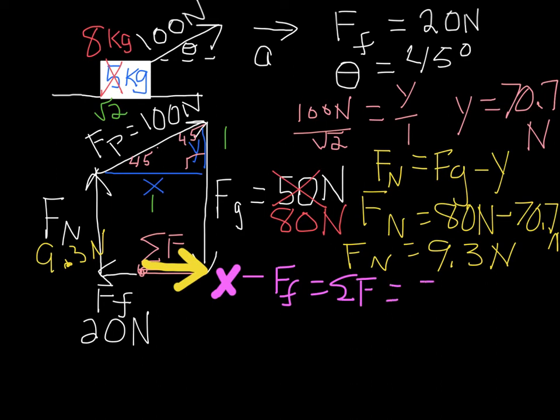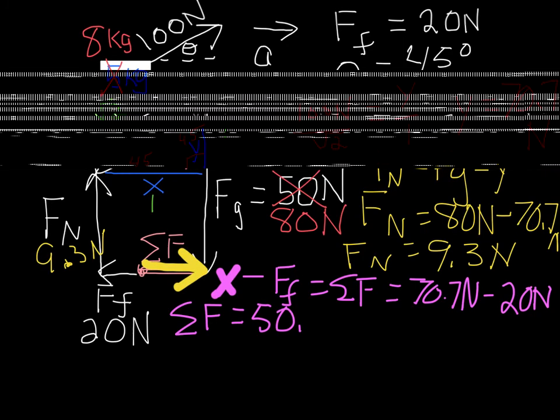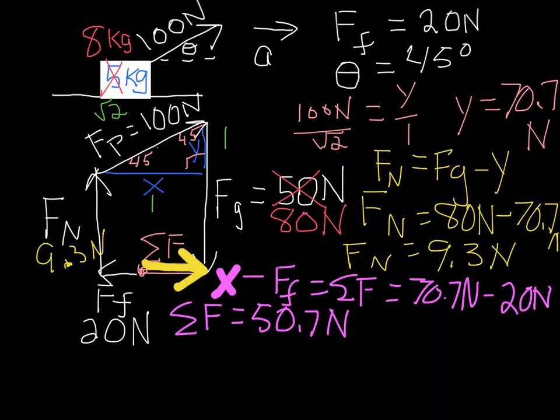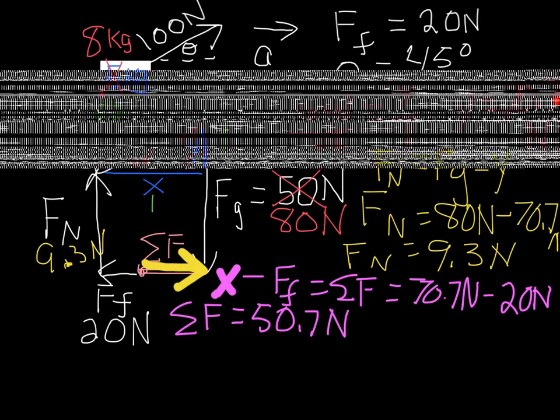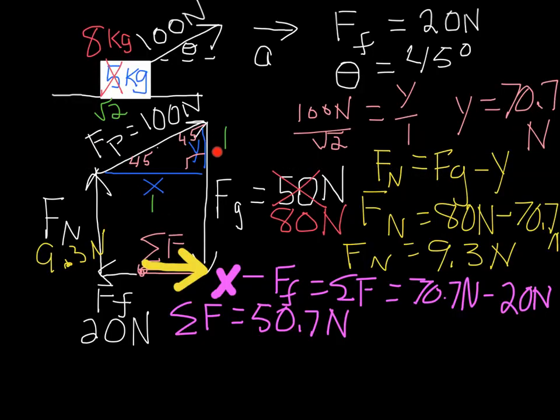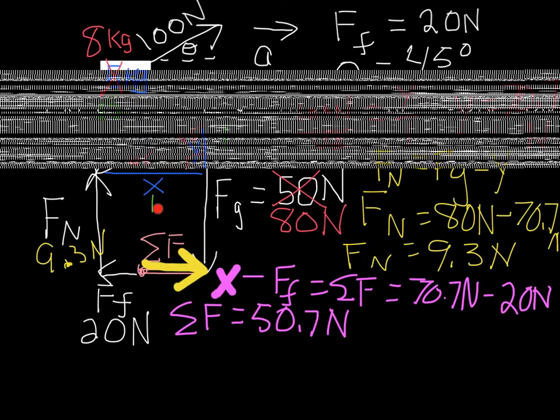So that's 70.7 newtons minus 20 newtons. So the net force is equal to 50.7 newtons. Now, why did I give it the same value as that? Because they're both 1 to 1, so they have to be the same value.